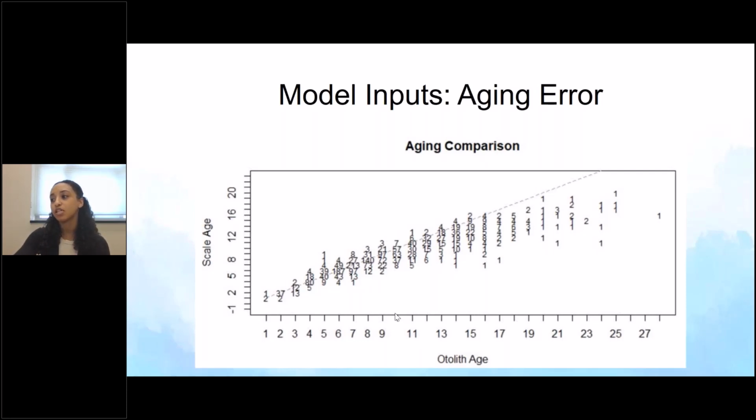And what you'll notice, particularly for ages 9 and above, is that scale ages commonly, and sometimes by quite a bit, underestimate the true age of a fish if we consider the otolith age to be its true age. And so we want to account for this in our model. And so we have an aging error matrix for ages 15 plus that we apply to all of our surveys that utilize scale ages.